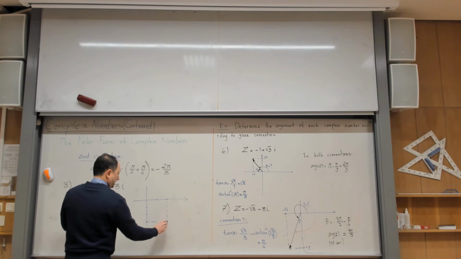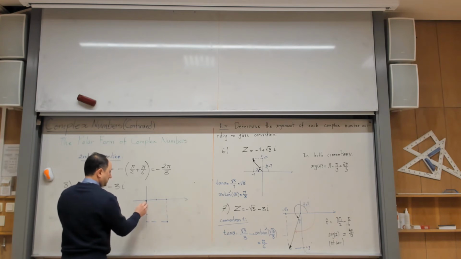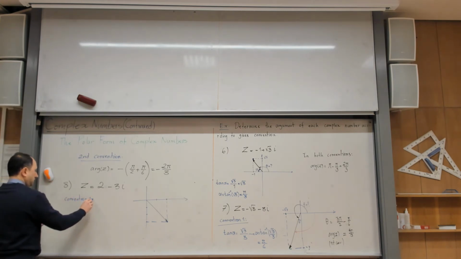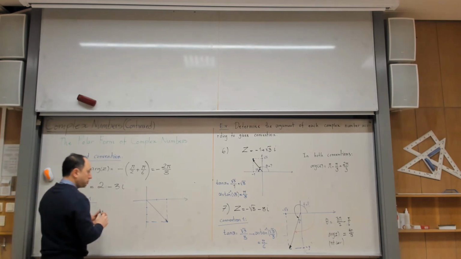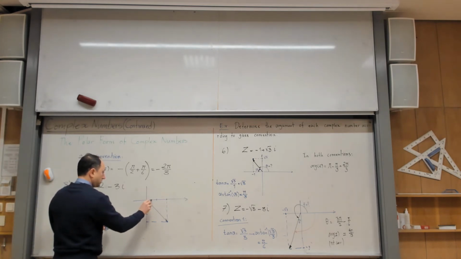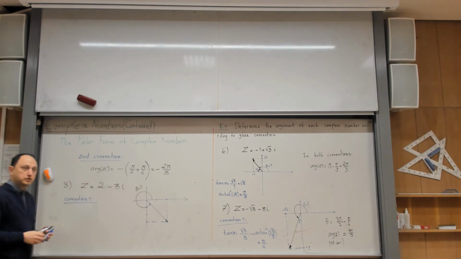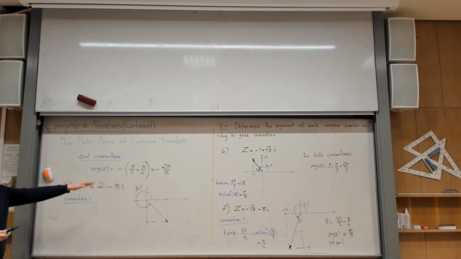And then you find this point, and this is your vector. Okay, so let me just go in convention 1, the easier one. In convention 1, be careful. This is your argument, starting from here, going to here. This is the theta that you are supposed to answer in convention 1. Always you have to start from the positive one.